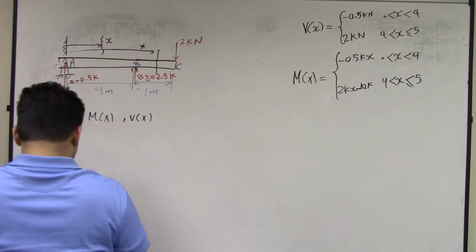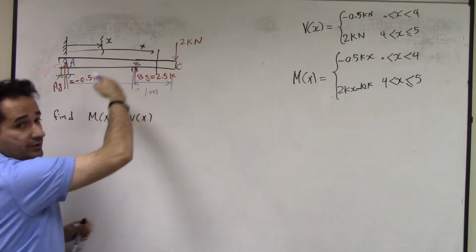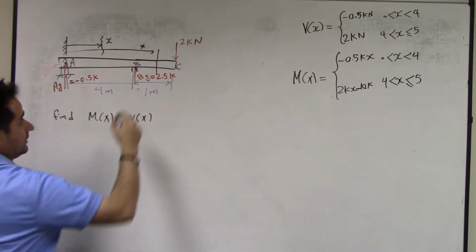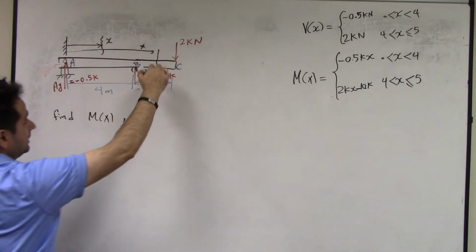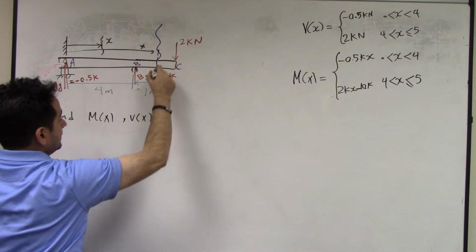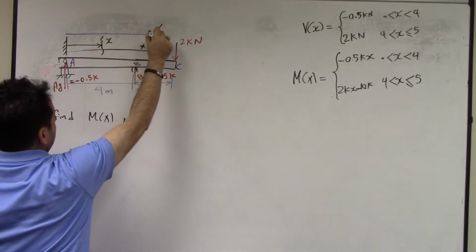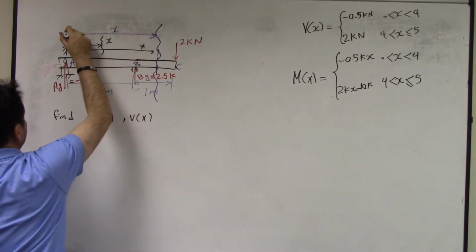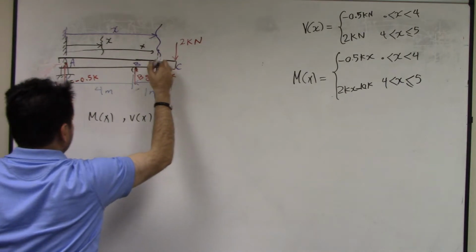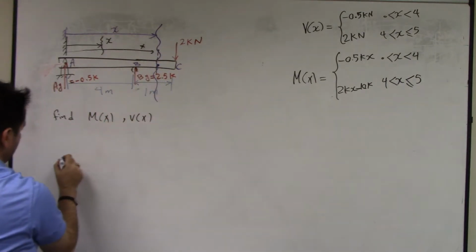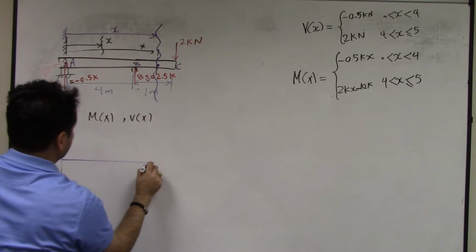So for Heaviside, what I do, I either pick the left or the right, and I cut it somewhere to the very end possible to include all the loading. Let's say I cut it here to include all this loading, right, from left. So this is x from left. I cut it from here.